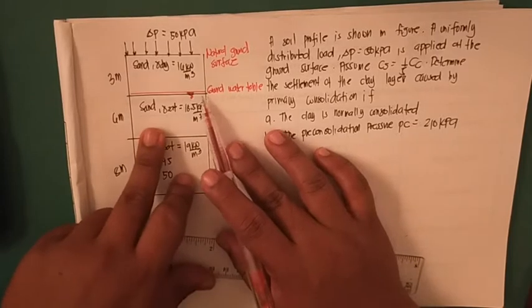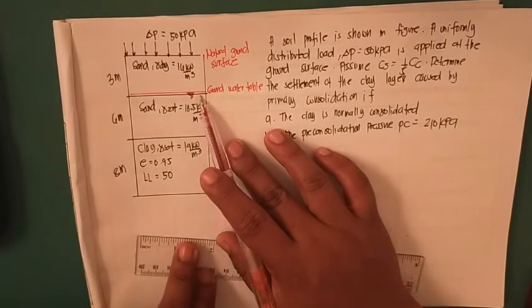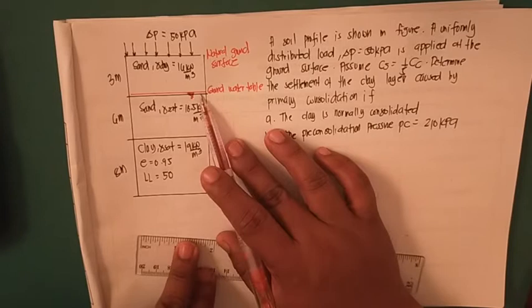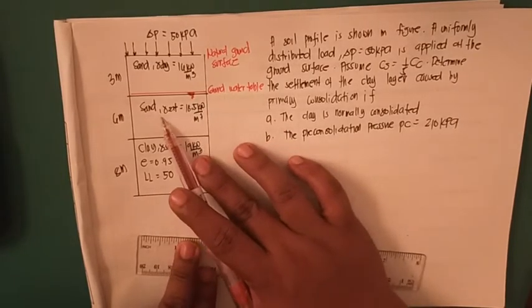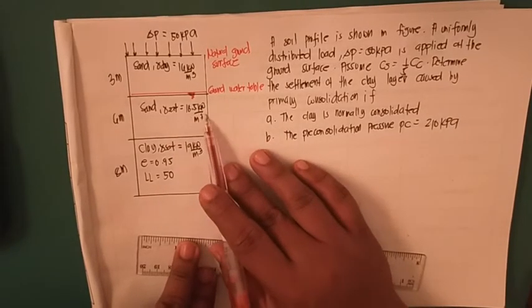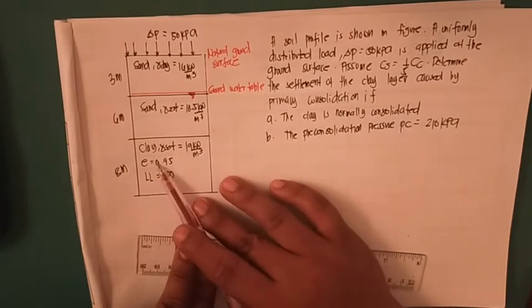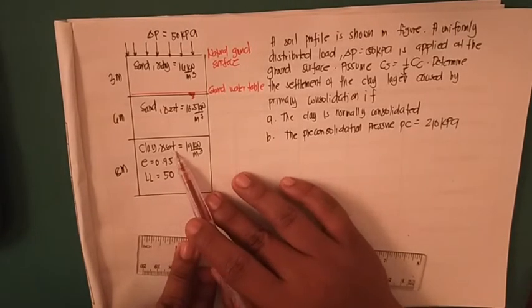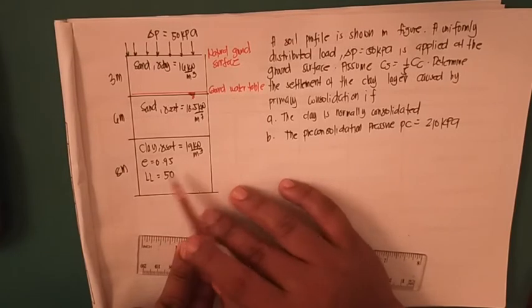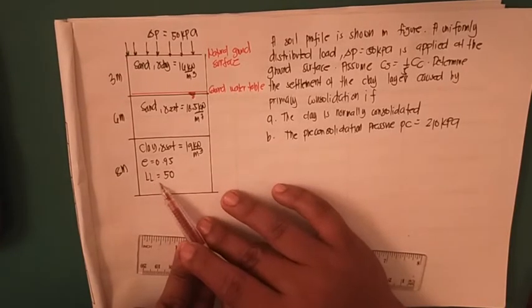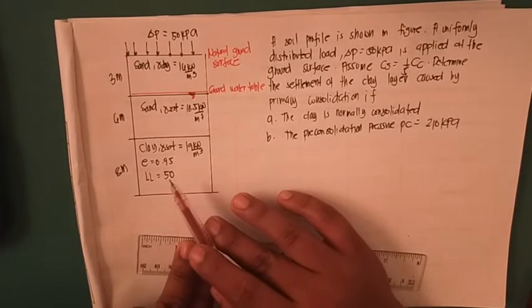Of course, if this is the location of the groundwater table, we can say that it's already saturated. So sand, gamma sat is 18.5 kilonewtons per cubic meter. Clay, gamma sat, saturated, 19 kilonewtons per cubic meter. We have E, 0.95, and LL is equal to 50.